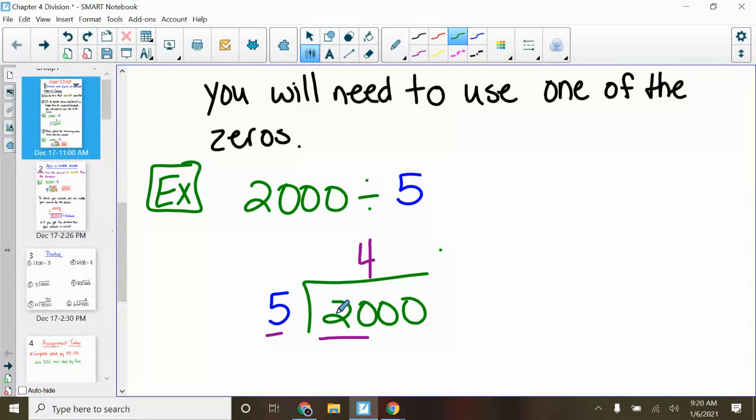And so that should trigger your brain. Oh, the word that has the word "in" inside of it is the number that's inside the box. The word that has the O in it, like I see that O in the word divisor, and I think of O goes with outside. That's the number that goes outside the box.